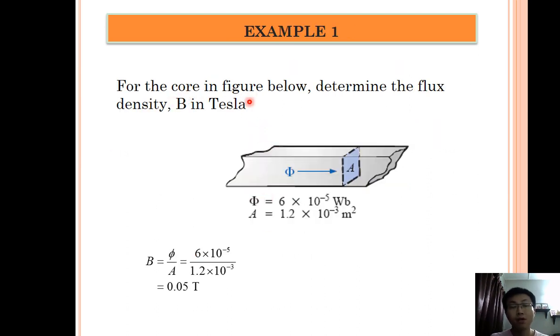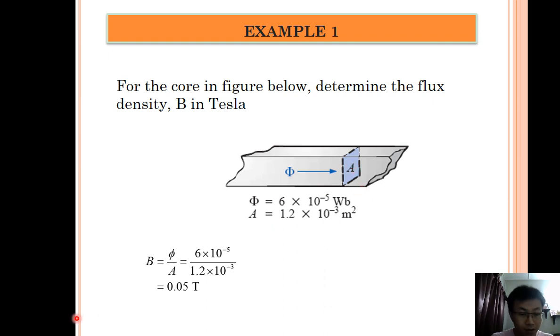For the core in the figure below, determine the flux density in Tesla. Use the previous equation, B equals flux divided by A. Given the flux is going through the magnetic core, we only take the mean path, which is the center of the core, which crosses at 90 degrees. The flux line must cross at 90 degrees.